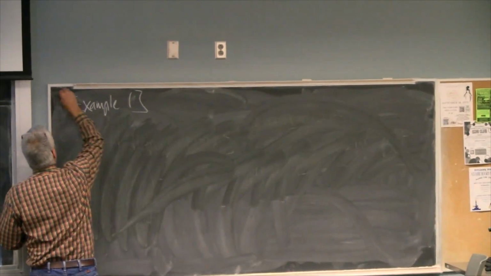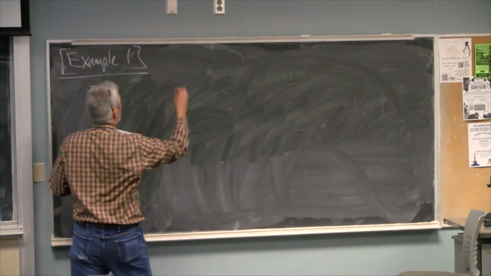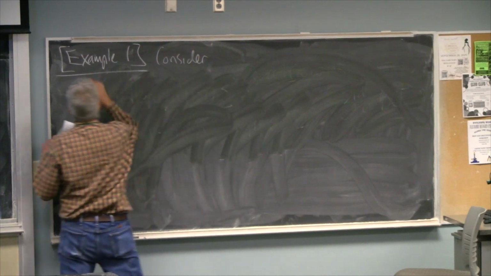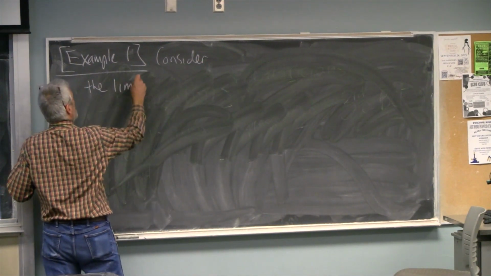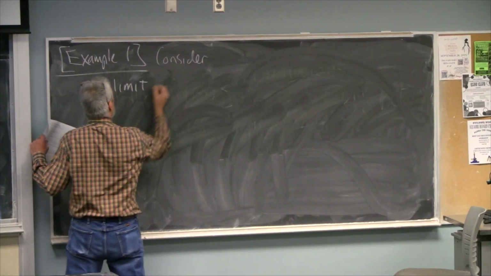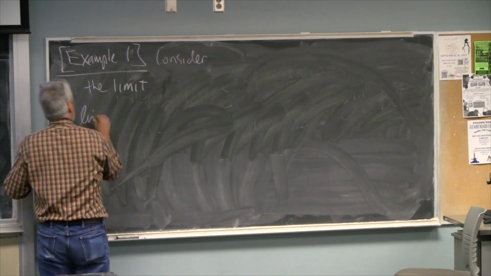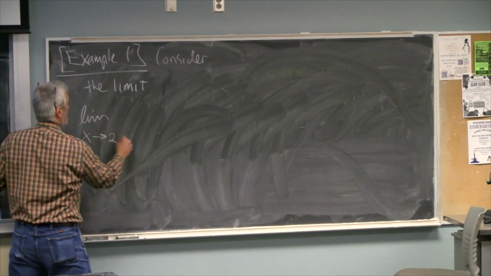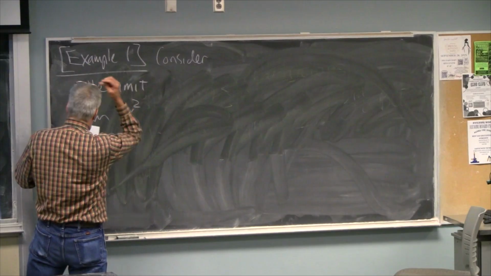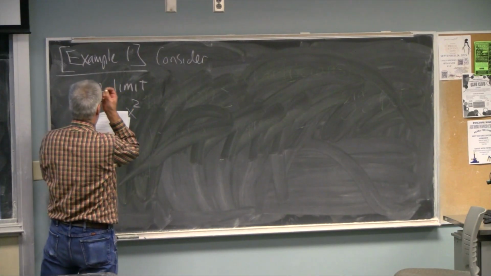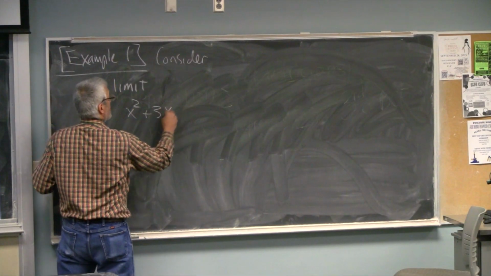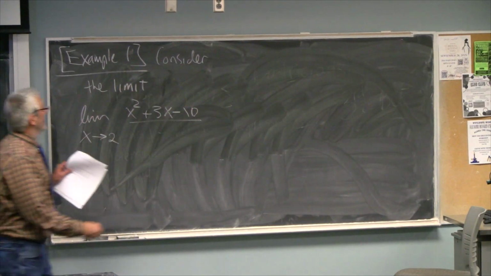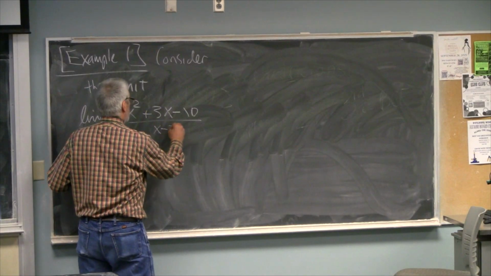So consider this limit: the limit as x approaches 2 of x squared plus 3x minus 10 divided by x minus 2.